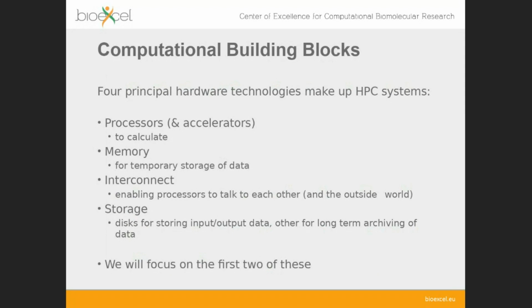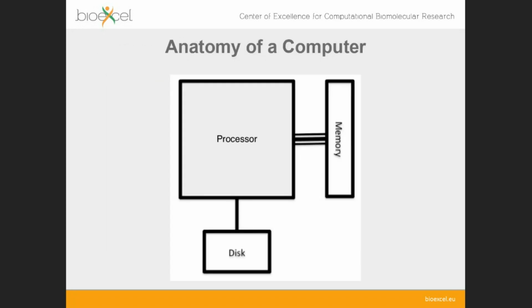So I already said the basic components and what we'll focus on, but it comes down to it, the most abstract, most simplified possible model of conventional computing is this: a processor, memory, and probably disk as well.